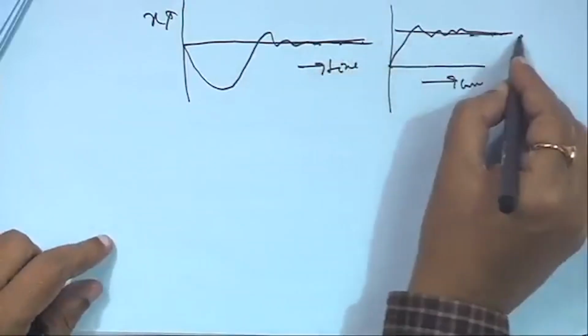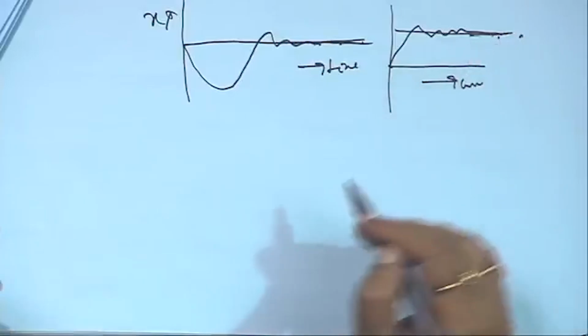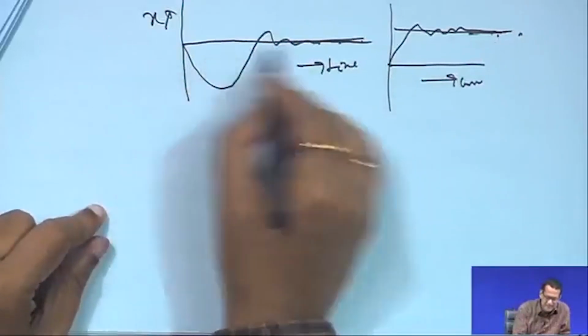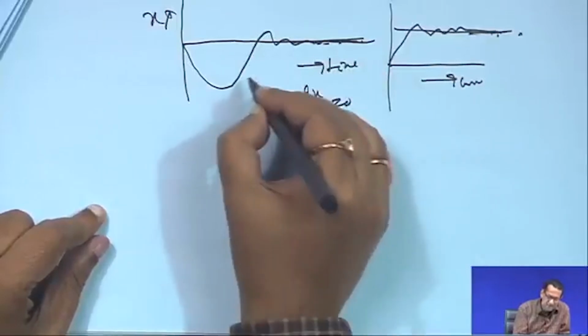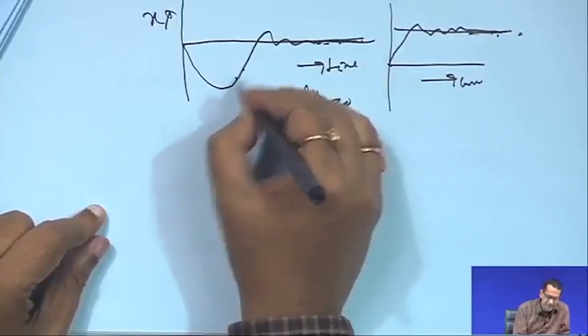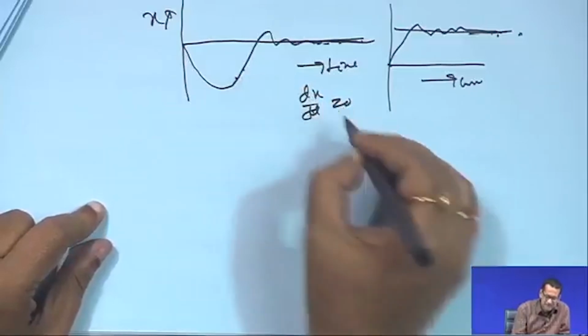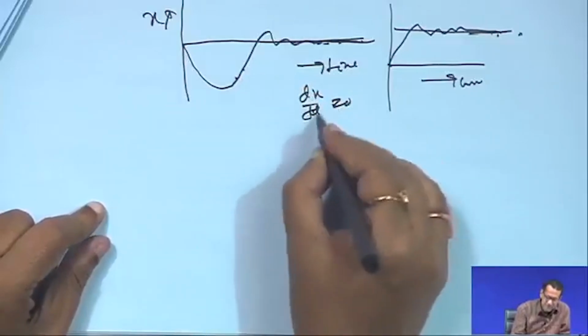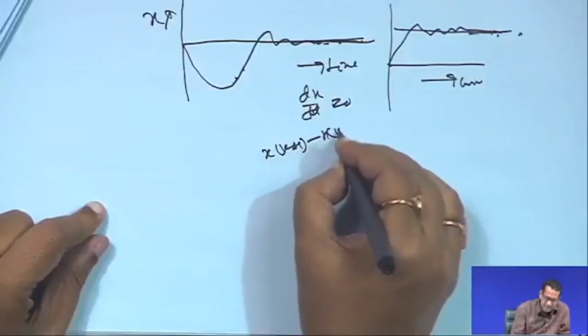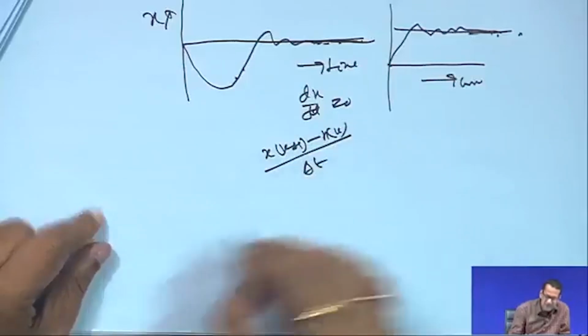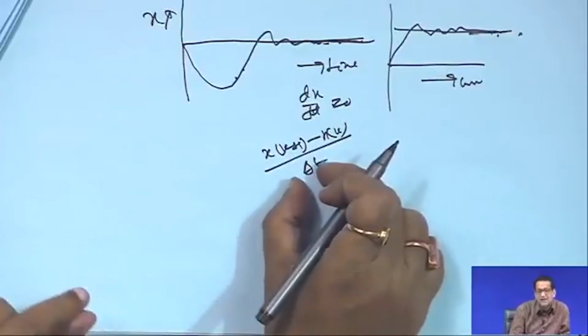So, all these variables reaching steady state means the derivative is 0. For example, if x reaches a steady state at any point, its derivative at that point is equal to 0. The approximate definition of a derivative is the current value minus the previous value divided by the time span.